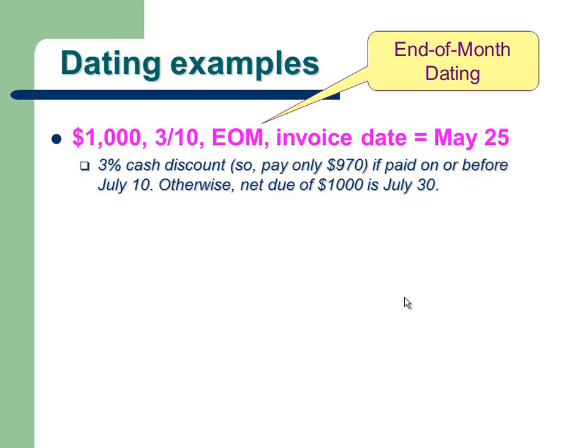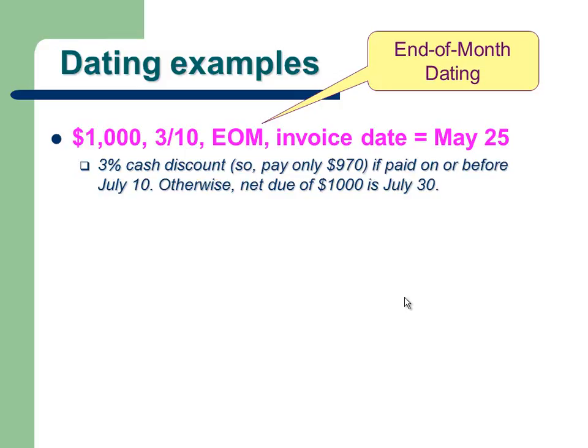But according to the EOM dating term, when the invoice is dated on or after the 25th day of the month, that transaction is considered a following month transaction. So the EOM, the end of month, is the EOM of the following month, right? So the EOM is actually June 30th, and you've got 10 days from June 30th for cash discounts.